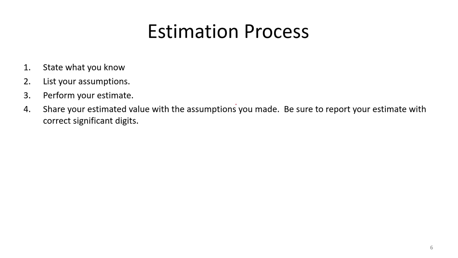So here's the estimation process that I recommend. First, you want to state what you know. There will be something that you know about the problem that you can use to help guide your estimate. Next, you want to list your assumptions. You assume things about your problem in order to make it simpler.